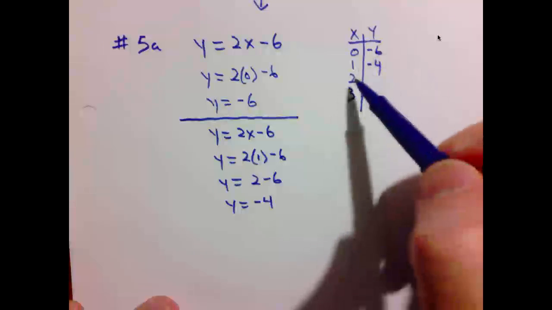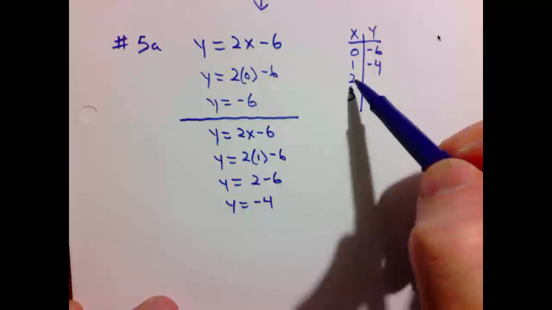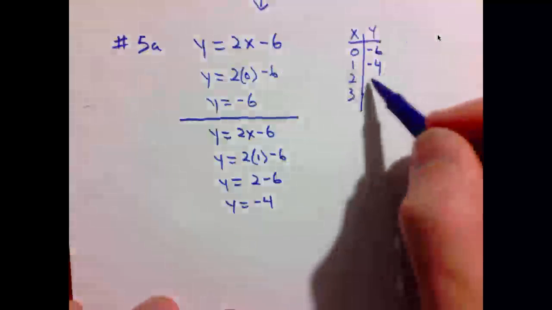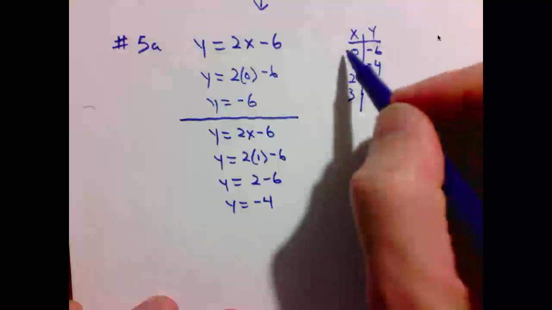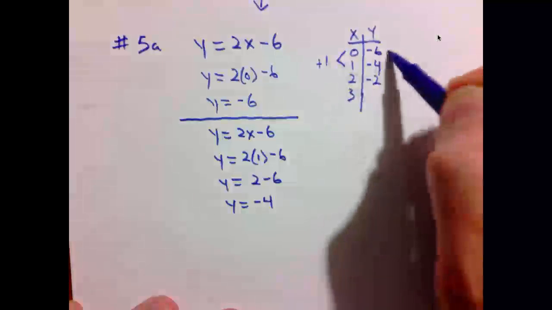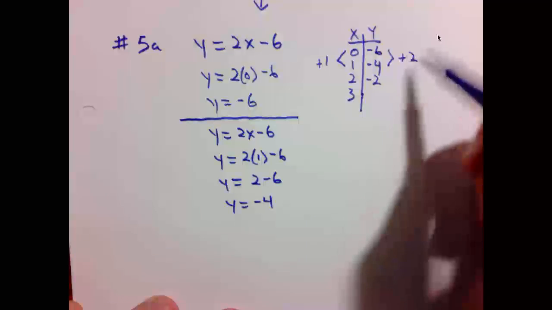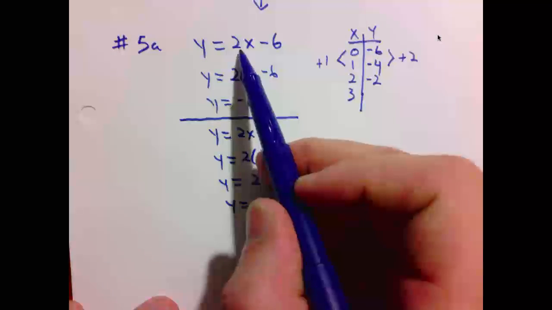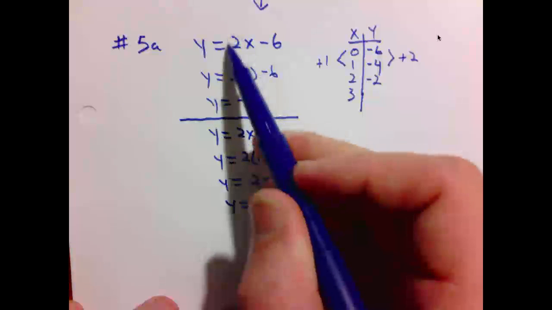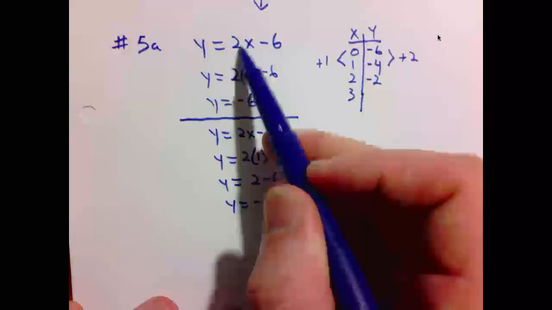This next one I will do in my head. Substituting 2 in place of x. 2 times 2 is 4, minus 6 is -2. Notice the pattern here. As x is increasing by 1, these y values are increasing by 2. That's because of the multiplier on the x. This is the slope, the rate of change of y per x.